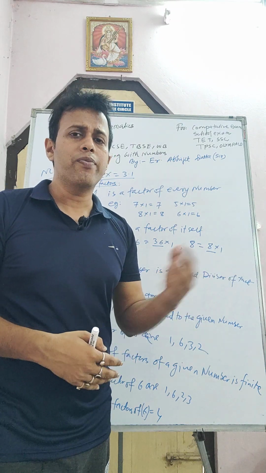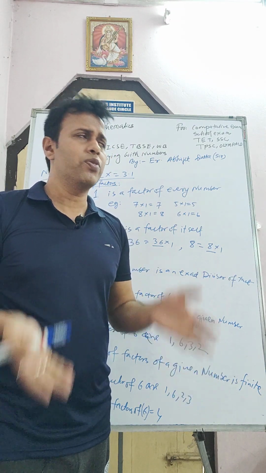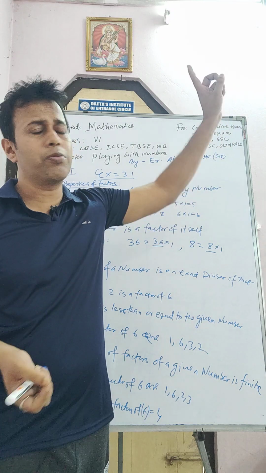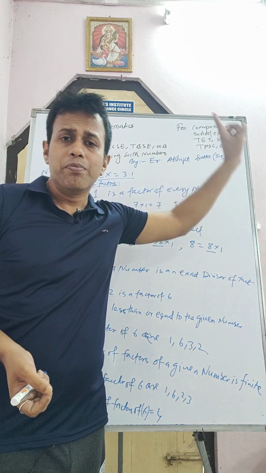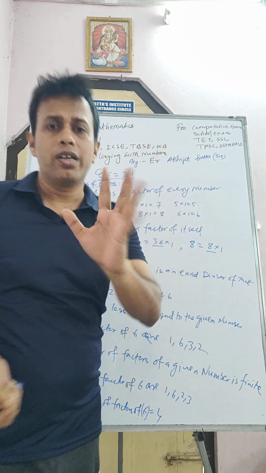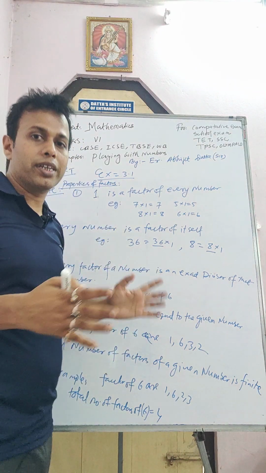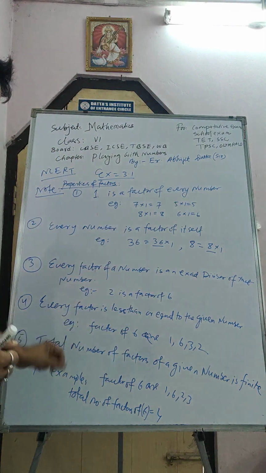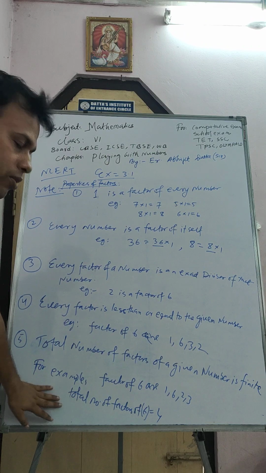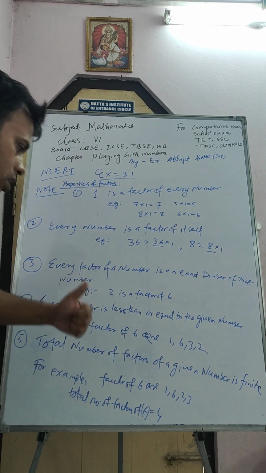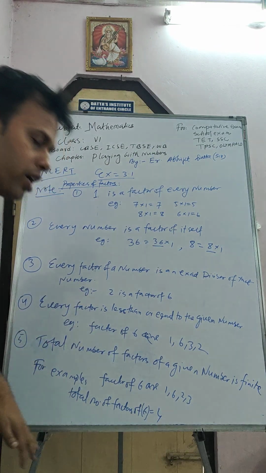An infinite number is uncountable. If someone asks you to count the stars in the midnight sky, can you count them? No, it is unlimited. So those that are countable are known as finite numbers, and those that are uncountable are known as infinite numbers.